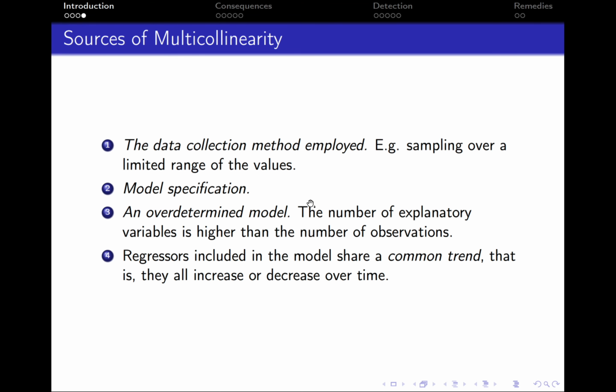Another problem is model specification. Some lectures before we discussed various functional forms, and using the incorrect functional form might lead to the problem of multicollinearity. Another source of multicollinearity has to do with an overdetermined model.